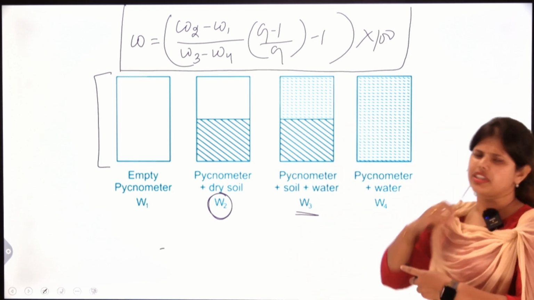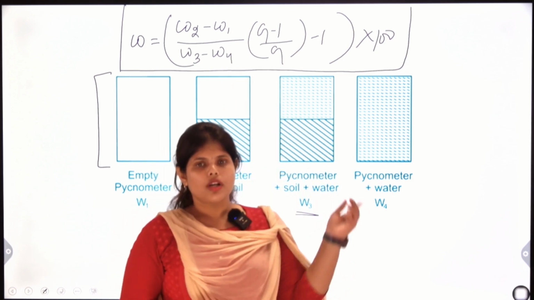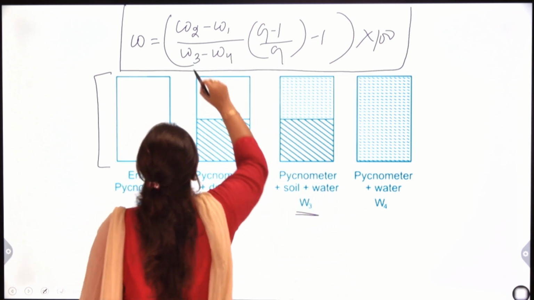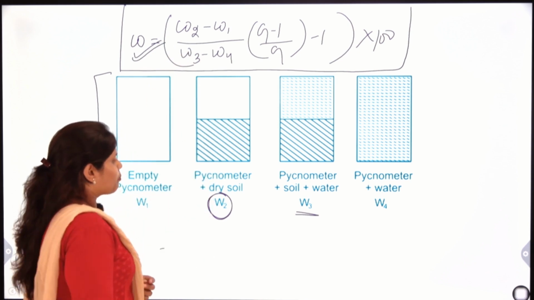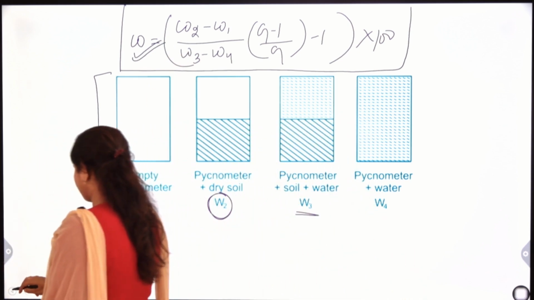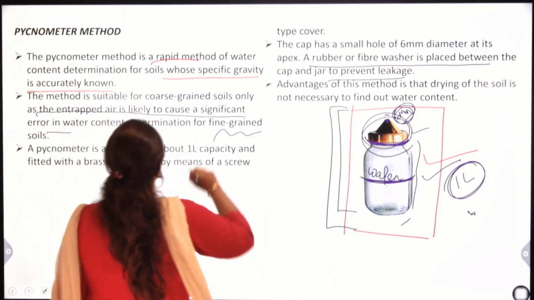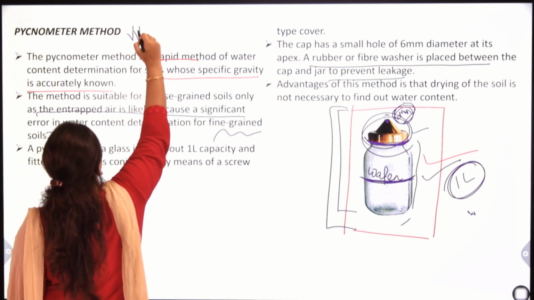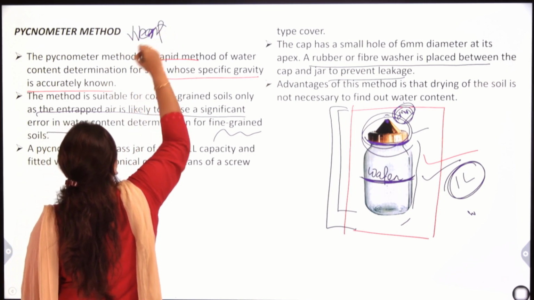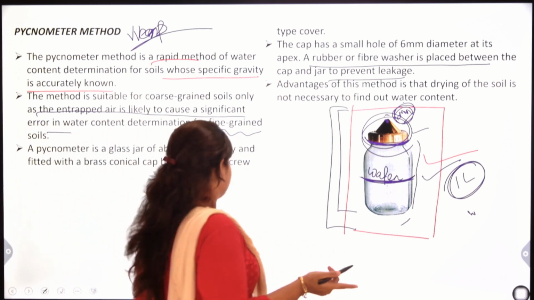We need to remember this formula because in every type of exam questions are asked with this formula. Okay. So, we have learned about our pycnometer method. This is a very important method for both specific gravity and water content.